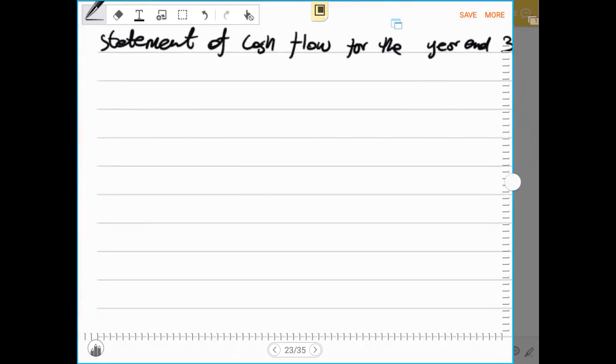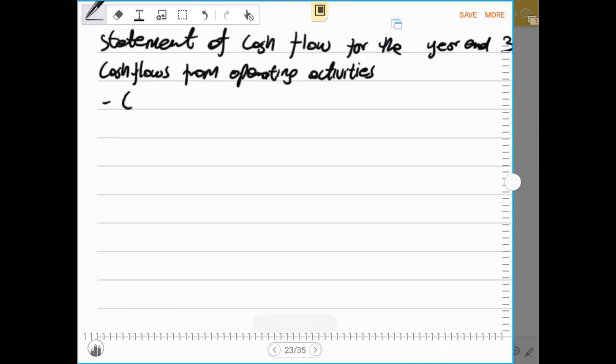Then now we start with our cash flow, and we know that our cash flow starts with the cash flows from operating activities. And our cash flow from operating activities starts with cash received from customers.